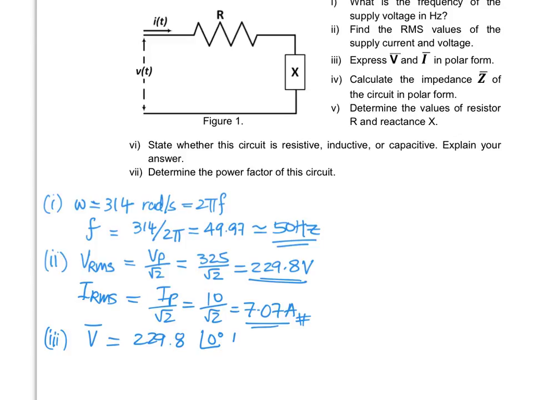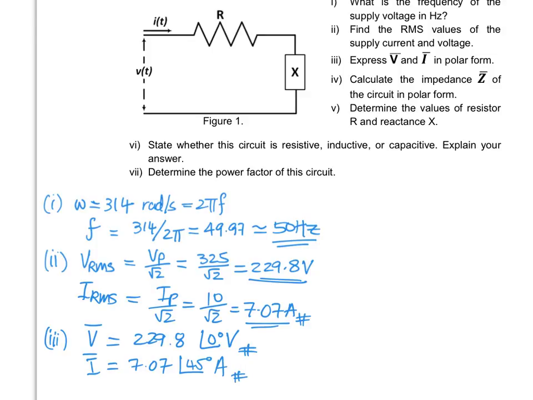It's the reverse. Good. And the I complex number is 7.07, angle 45 degrees ampere. These are the two complex numbers.